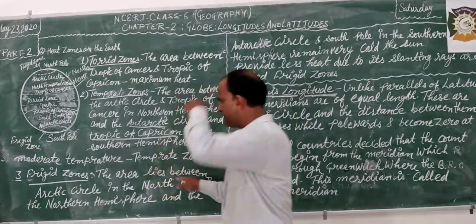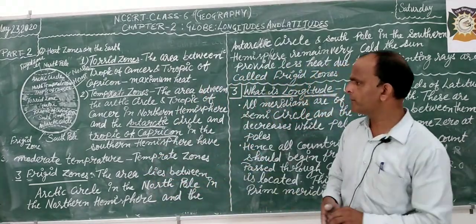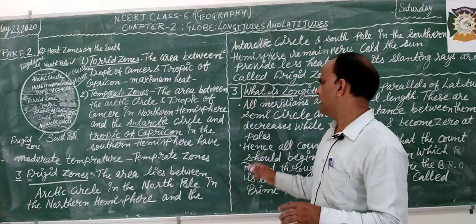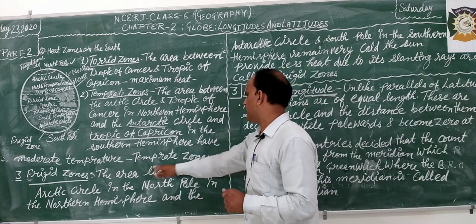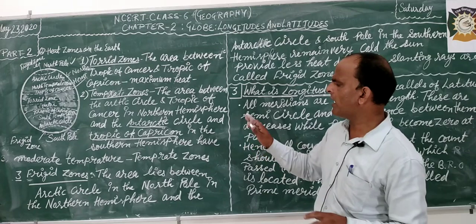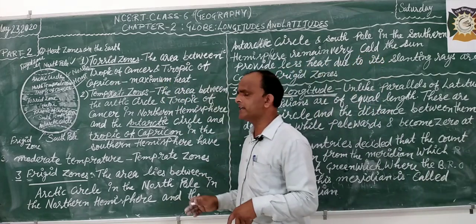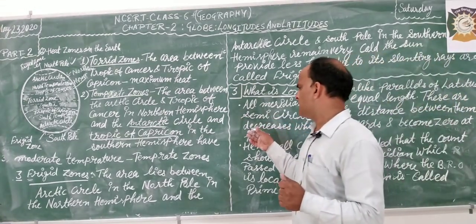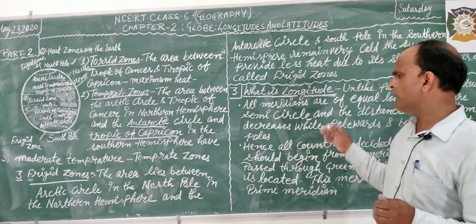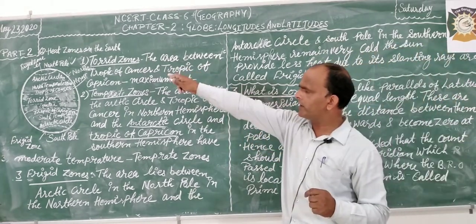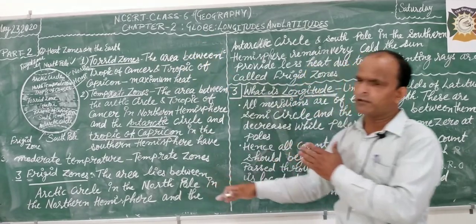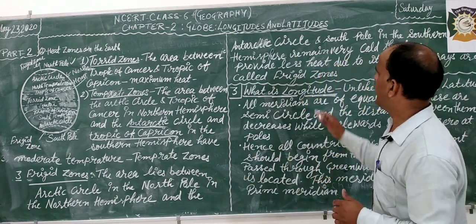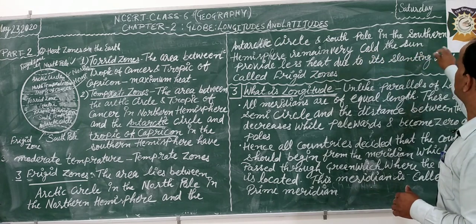The area lies between the Arctic Circle and the North Pole in the northern hemisphere, and between the Antarctic Circle and the South Pole in the southern hemisphere.